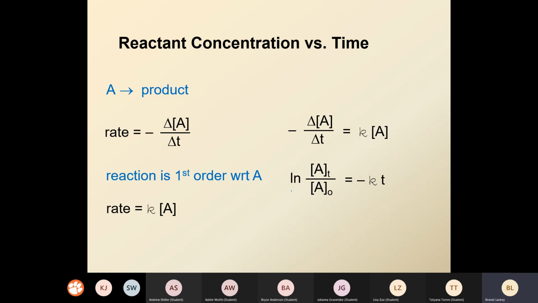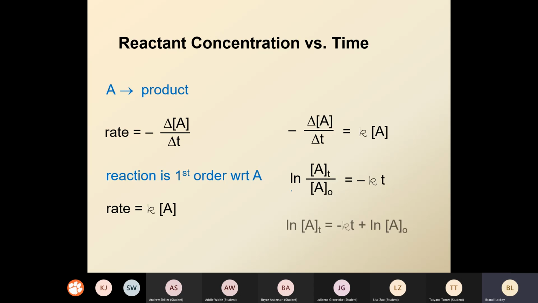You just have to be able to use it when needed. On your reference sheet, on the first side of formulas that has the AP chemistry equations and constants on it, this is down in that bottom section that says kinetics.